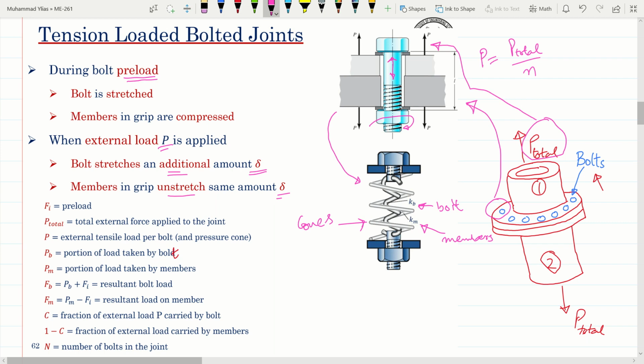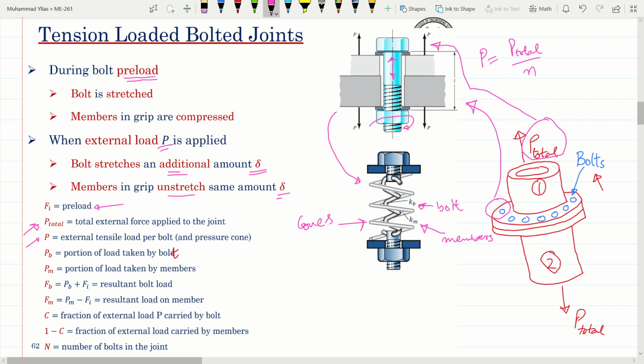Right. Now let's define some symbols which we will need for the subsequent equations development. So we've got this initial load, we'll represent with this by F subscript I, then total load, and then external load per bolt and the pressure cone.